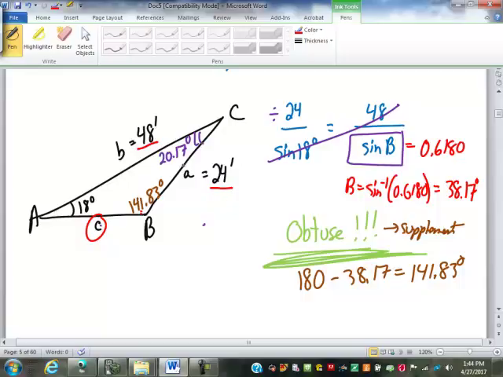Yeah. That angle's bigger than the 18, right? Oh, okay. So we know that C must be between 24 and 48. Now that's not narrowing it down a lot, but because this angle's smaller, this angle's bigger, the 20.17 is in between, that side has to be in between the other sides. All right.